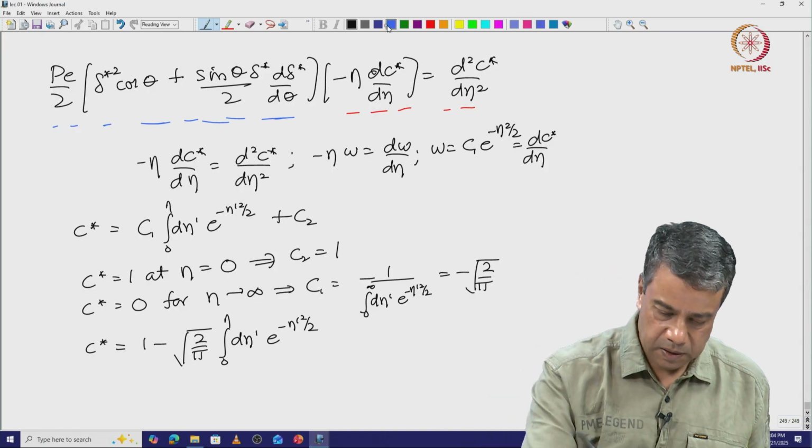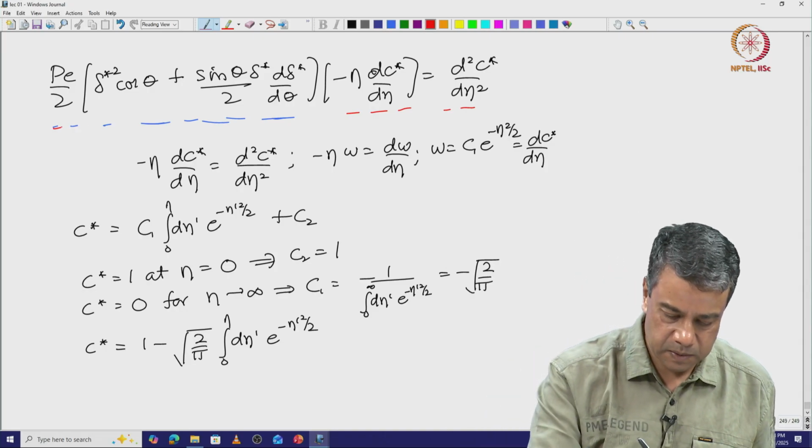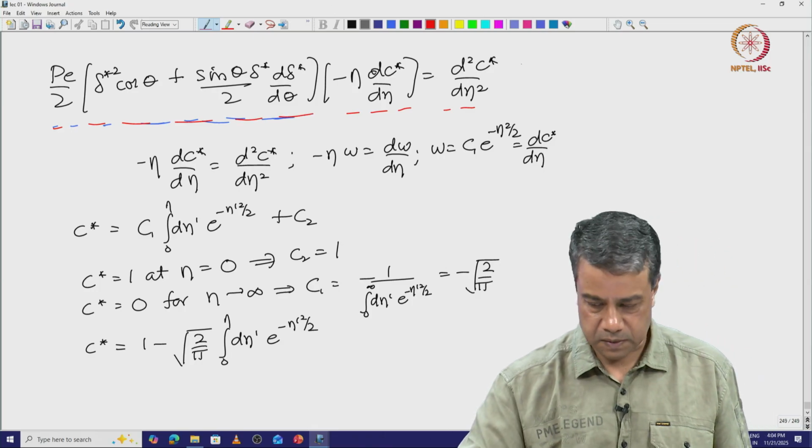What about this other part? This term has to be equal to 1.